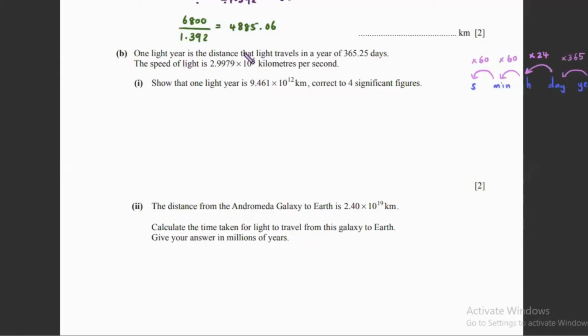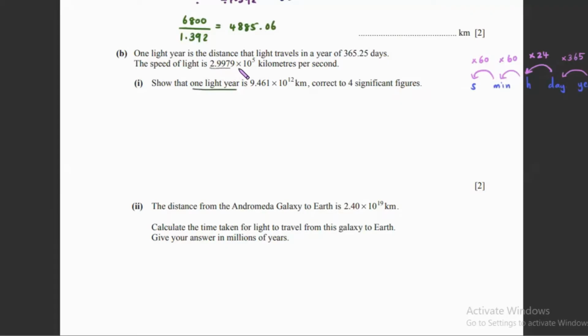One light year is the distance that light travels in a year of 365.25 days. The speed of light is given in kilometers per second. So it's the distance traveled in a second that is given. Show that 1 light year is 9.461 times 10 to the power 12 kilometers, correct to 4 significant figures. So you need to show what 1 light year is equal to.